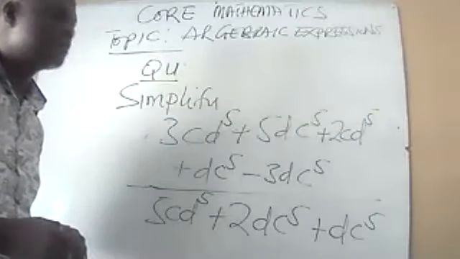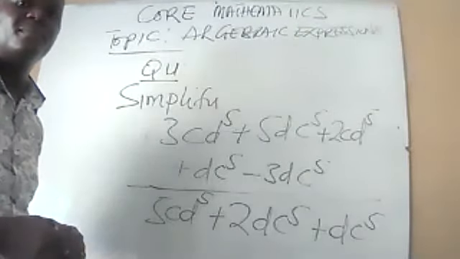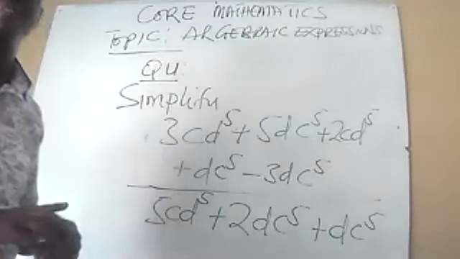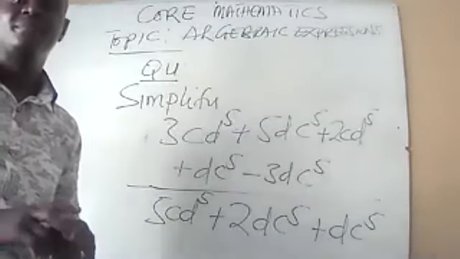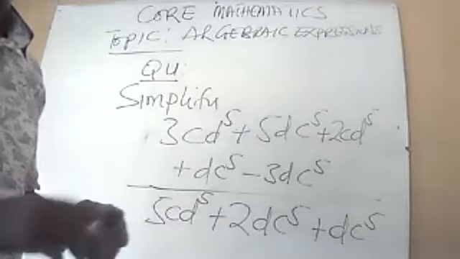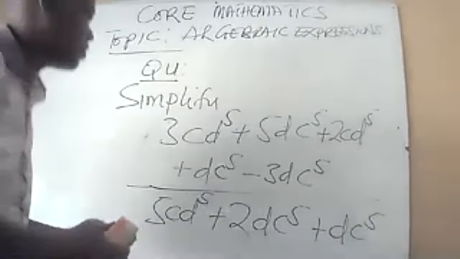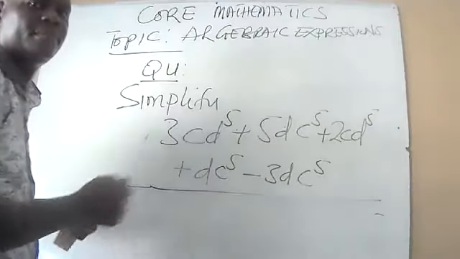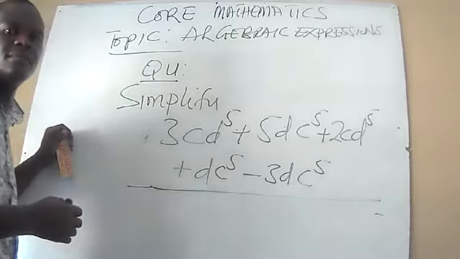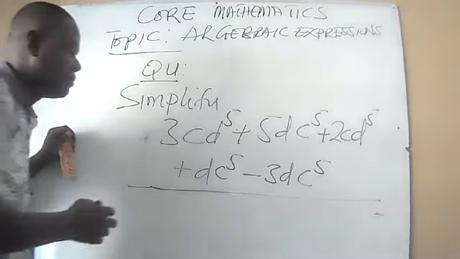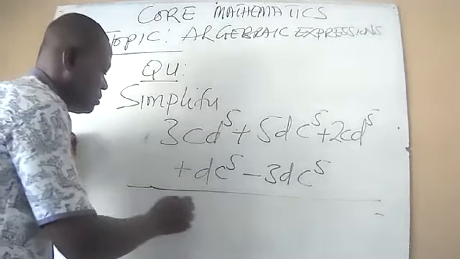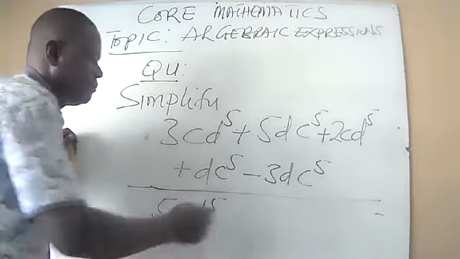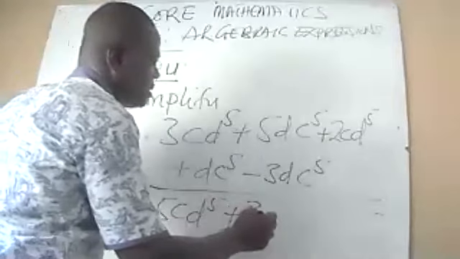No. Is that the answer you want, or do you want to change your mind? Sir, yes, I want to change my mind. Okay, all right. I got 5cd exponent 5 plus 3dc exponent 5.